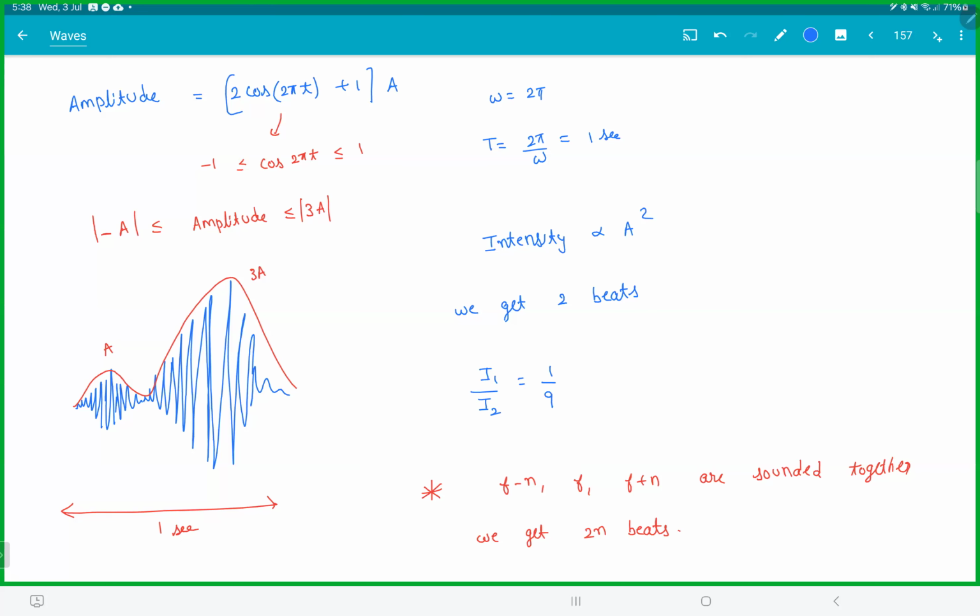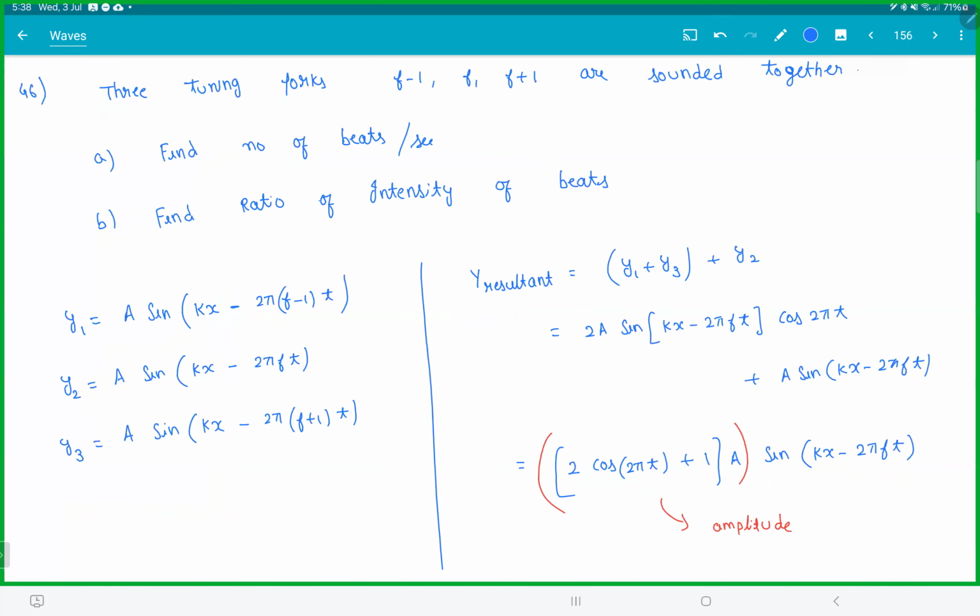Sir, how did you get 1 second over there? I did not understand that. How did you conclude that amplitude a and 3a will occur in 1 second? This value will go from 0 to 2π. So what is the frequency of that? Omega was how much? 2π. cos omega t, if omega is 2π, what is the time period? 2π by omega, so one second.